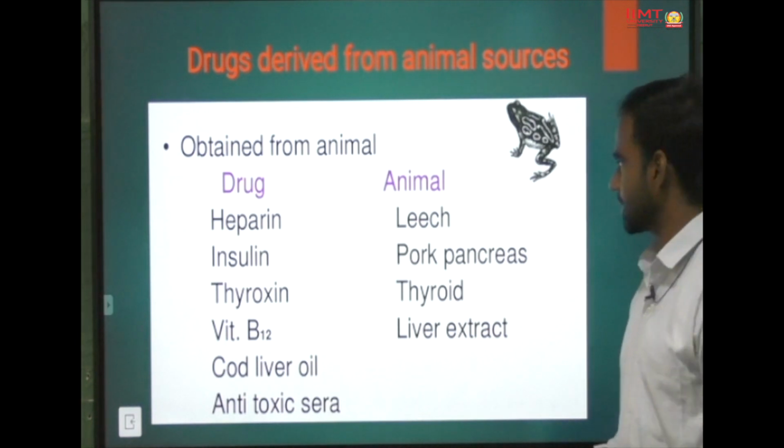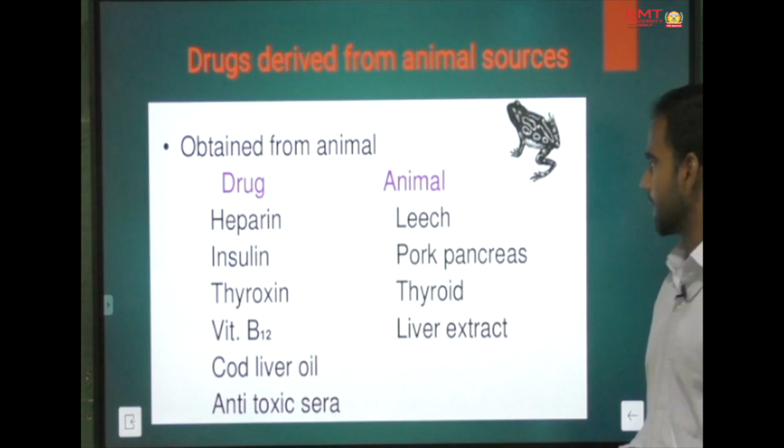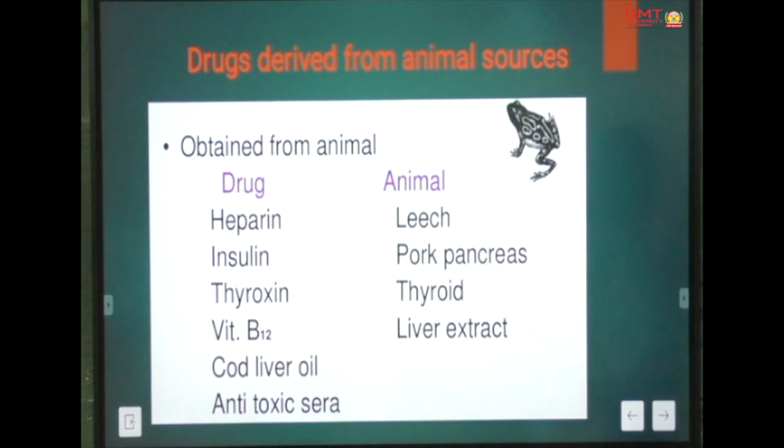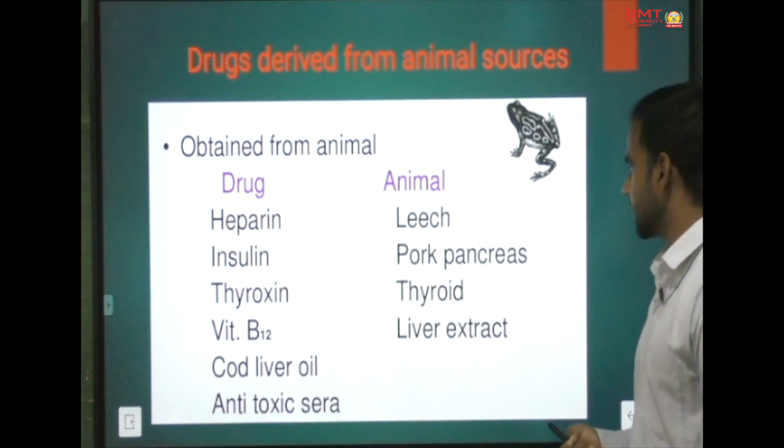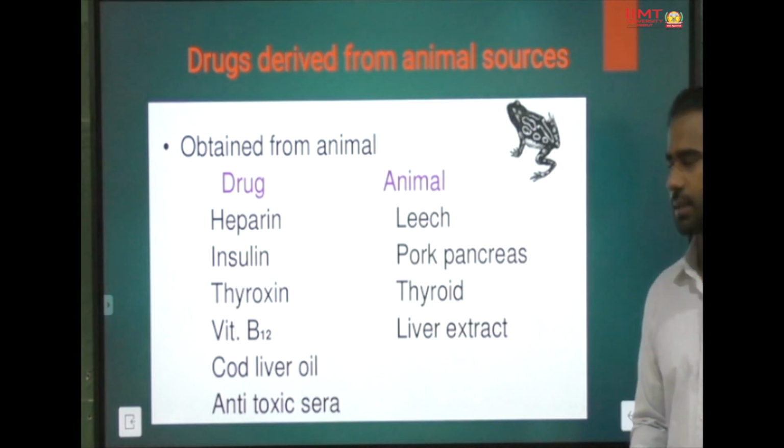If we talk about the drugs that are derived from animal sources, examples are heparin, obtained from leech; insulin, obtained from the pancreas of pork, cow and buffaloes; thyroxine, derived from the thyroid hormones; vitamin B12, a liver extracted product; cod liver oil; and anti-toxic sera for different animals, used for different pharmacological activities.